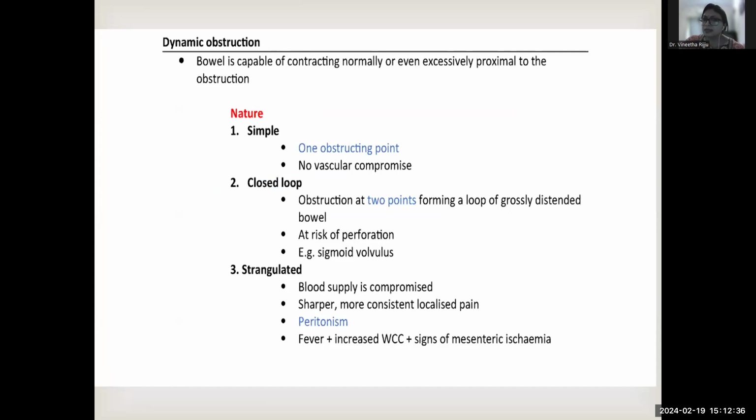Now it can be simple if it is just one obstructing point. Okay, that obstruction is only at one point, or it can be at 2 points. Like I said, the intestine is formed like a loop, and there are 2 points at which there is obstruction. Or it can be strangulated. Like I said before, the blood supply itself is compromised. And for such cases, it is more of a sharp pain that the patient has.